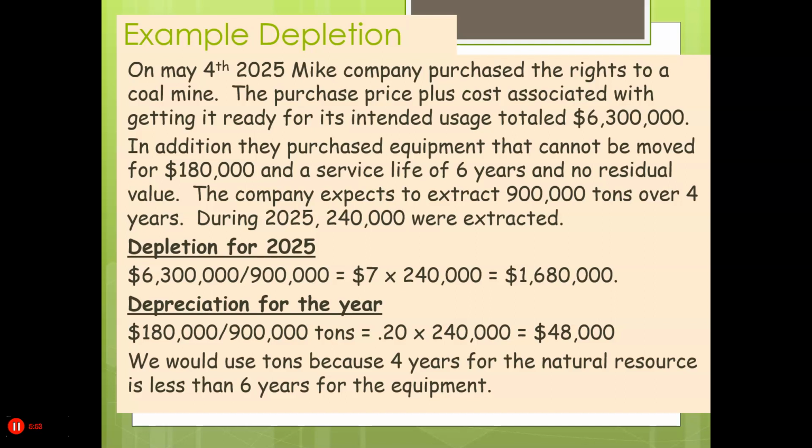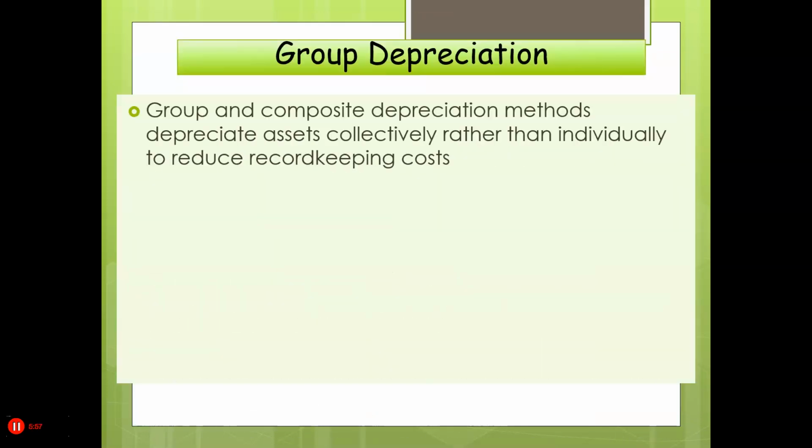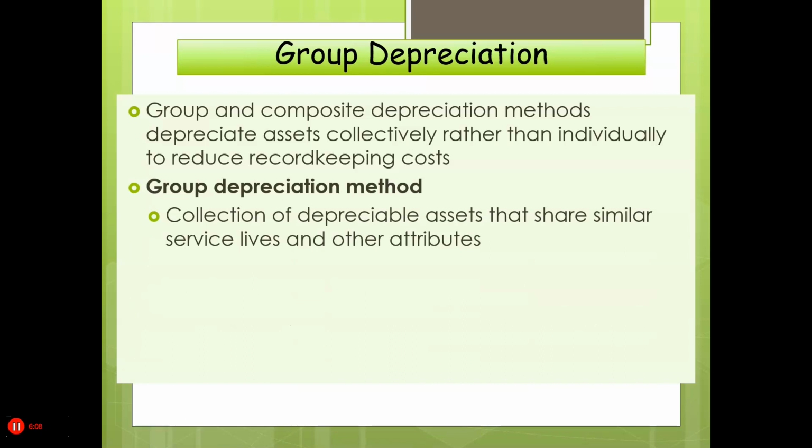Now we're going to look at group depreciation. Group and composite depreciation methods depreciate assets collectively rather than individually. Group depreciation is a collection of depreciable assets that are alike, with similar service lives and other attributes, like cars, trucks, or computers.